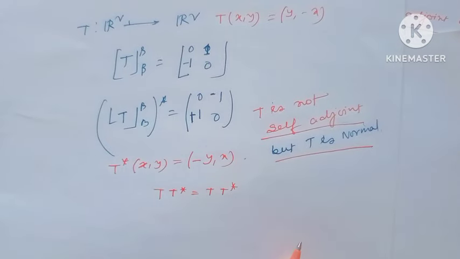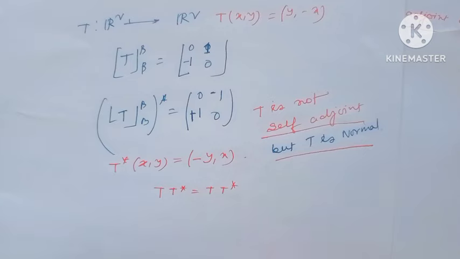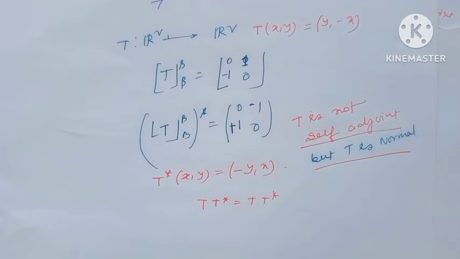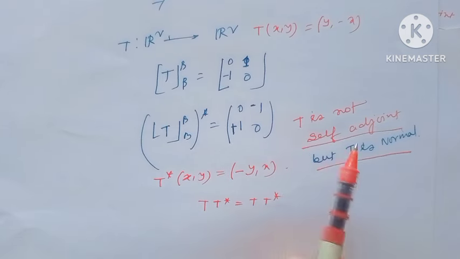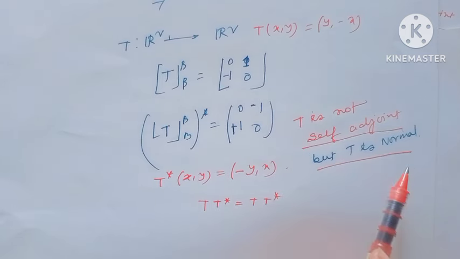Therefore, this is the example I mentioned a few minutes ago: a self-adjoint operator is always normal, but normal does not always imply self-adjoint. This operator is normal but not self-adjoint.